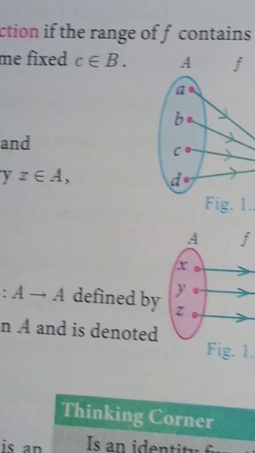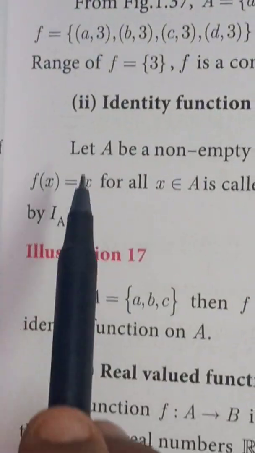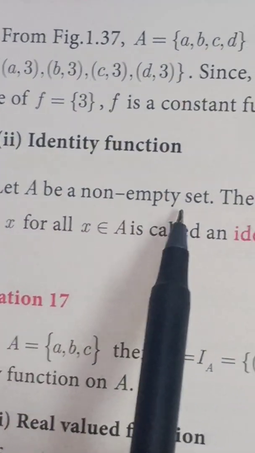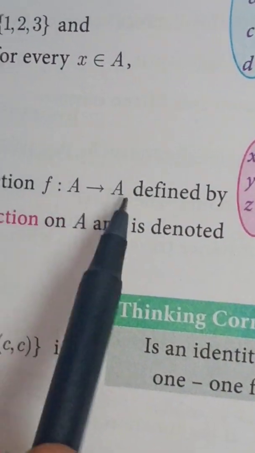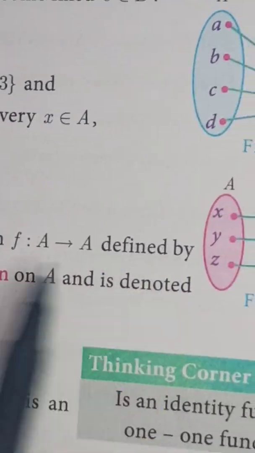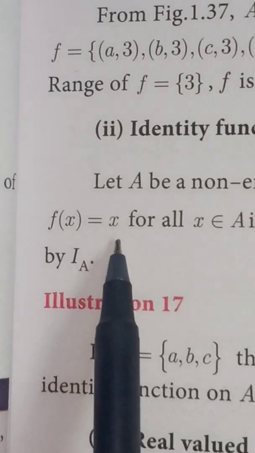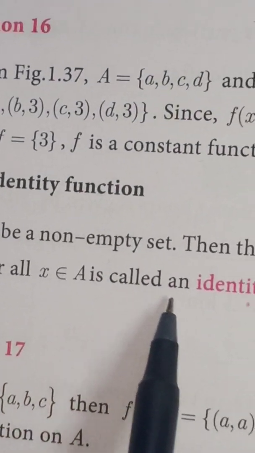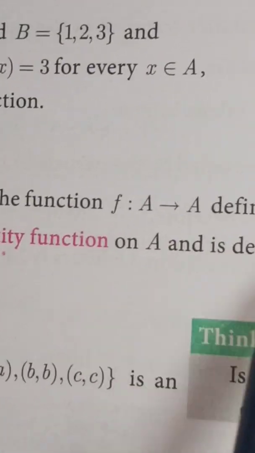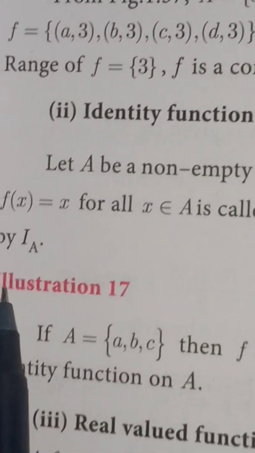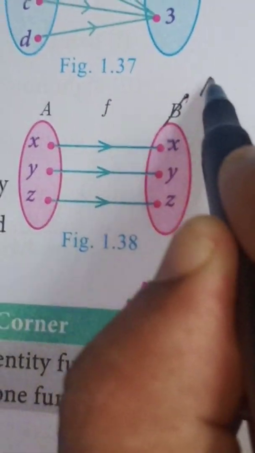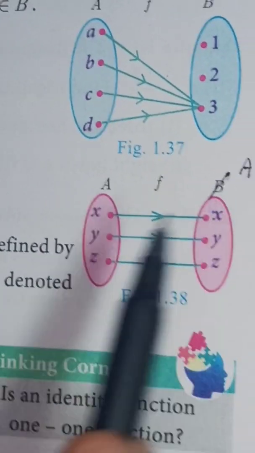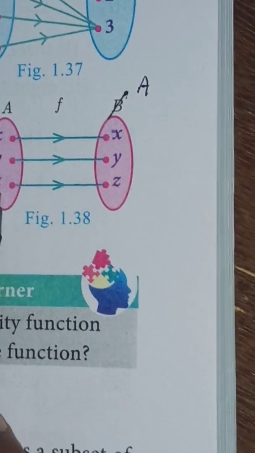Now, identity function. Let A be a non-empty set. Then the function f from A to A, look at that, not A to B, A to A, defined by f of x equal to x for all x belongs to A is called an identity function on A and is denoted by I_A. Here, actually B is given, that should be considered as A only. A to A. A has how many elements? X, y, z. Okay.